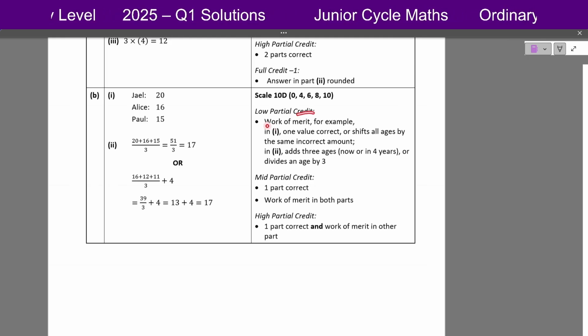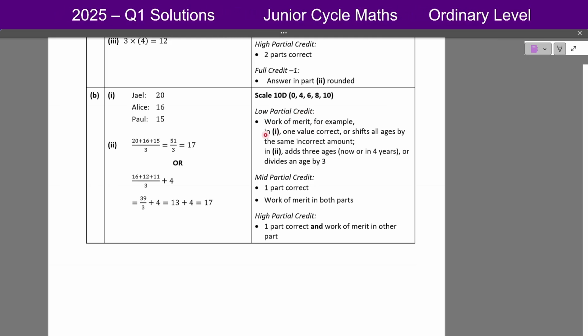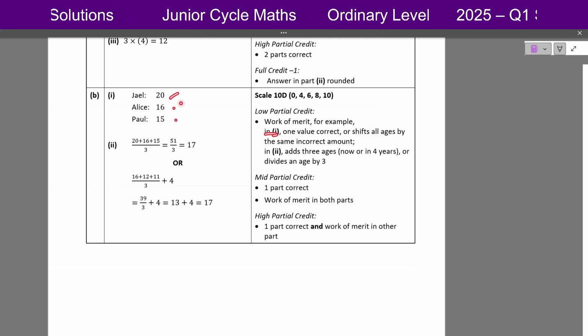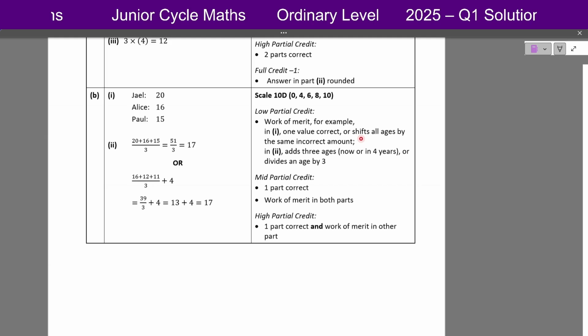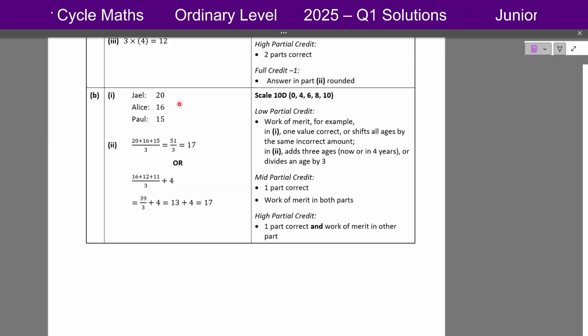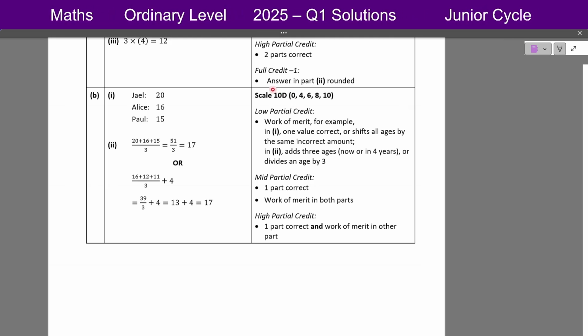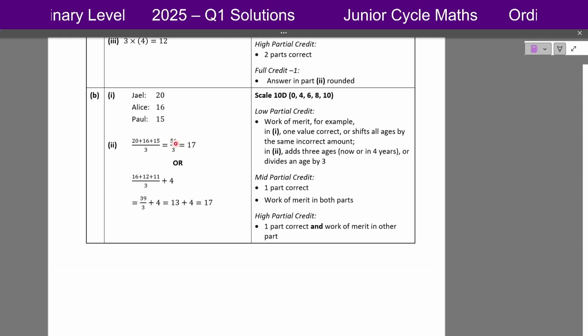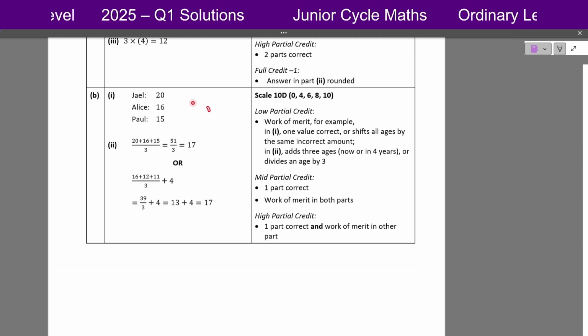In that case, we show some work of merit. For example, in A, we compute only one value correctly in this table in the first part, or we wrongly shift all the numbers by an incorrect amount. If you remember, they wanted to find the age in 4 years' time, so we added the number 4 to the numbers there.